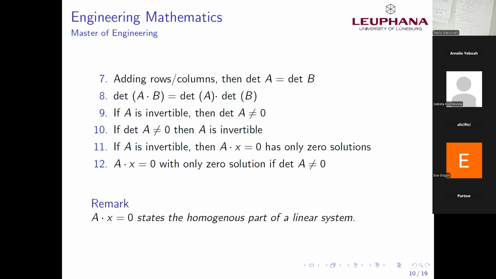Now we can see that A is invertible, which means that A to the power of -1 exists. I told you very quickly before that if it exists, it could also not exist.